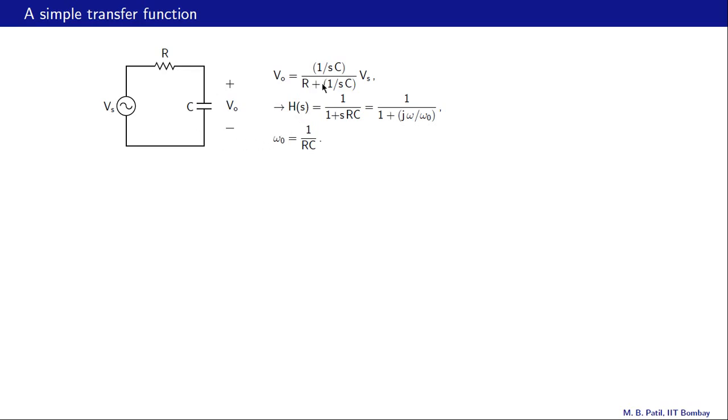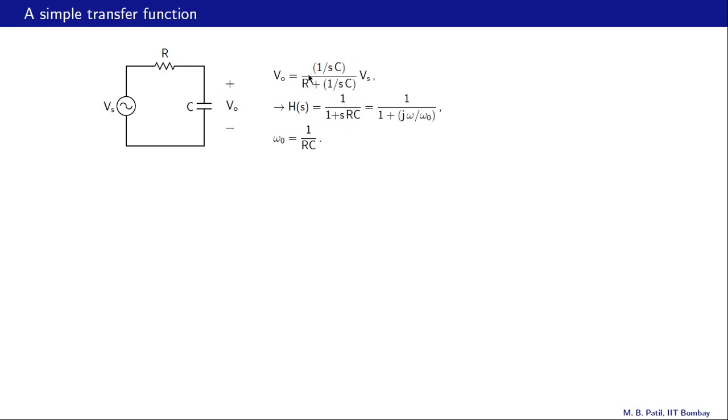So that is 1 over sC divided by R plus 1 over sC times Vs, and these now are phasors, both Vo and Vs. So the transfer function, which is defined as Vo divided by Vs, is 1 divided by 1 plus sRC. This simply follows from this expression.